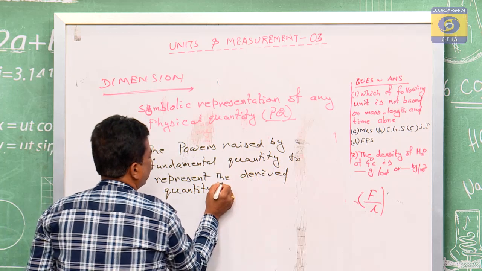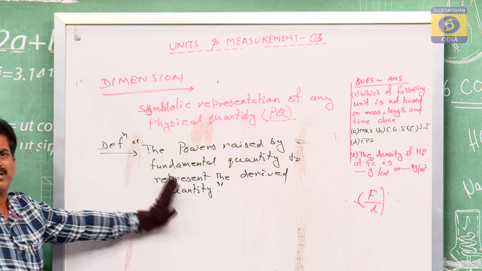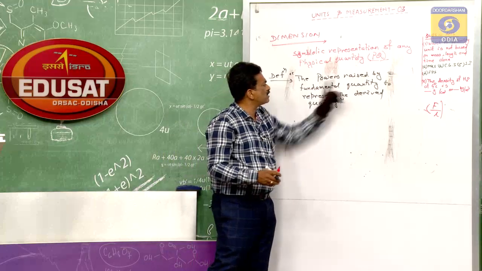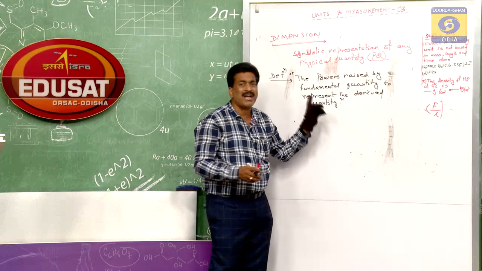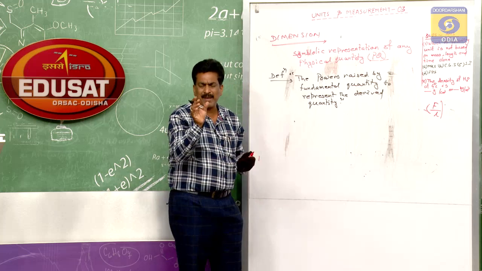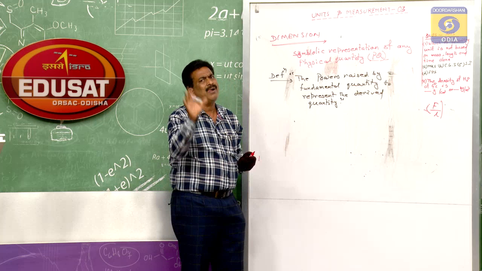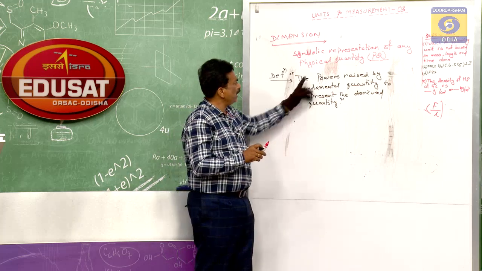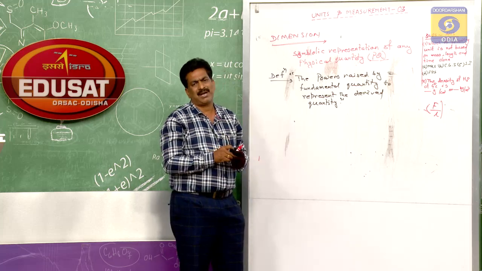This is the definition in terms of physics. Suppose a derived quantity is there. What is a derived quantity? It is expressed by using the fundamental quantities. In this way we will say what the dimension of that is.